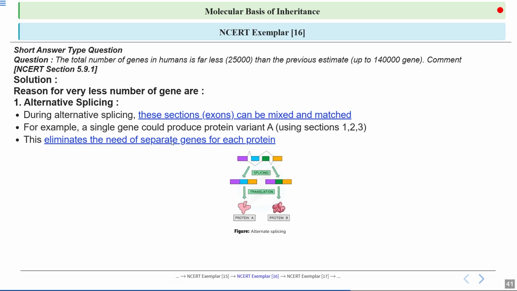You do not require separate genes for each protein. That's why you have a smaller number of genes now as compared to the earlier estimated number of 140,000 genes. And in human DNA, less than 2% of the DNA codes for proteins.